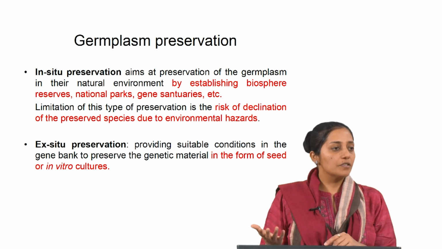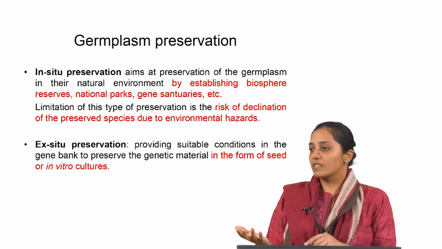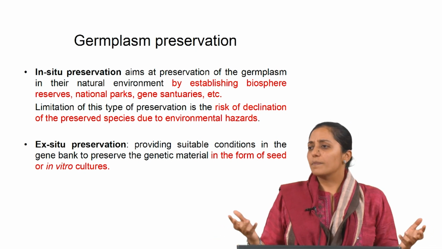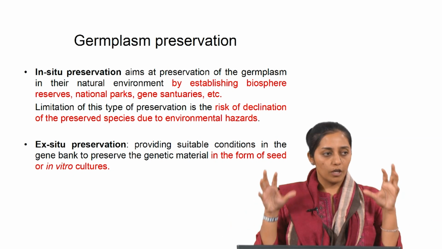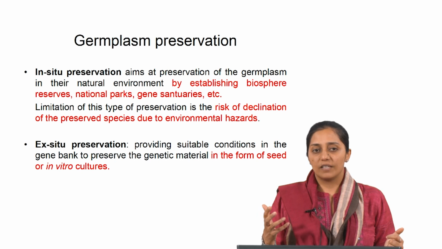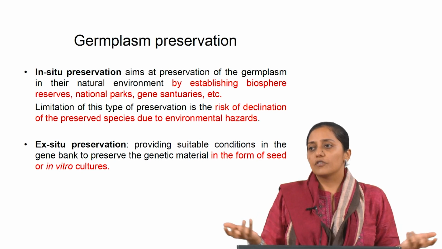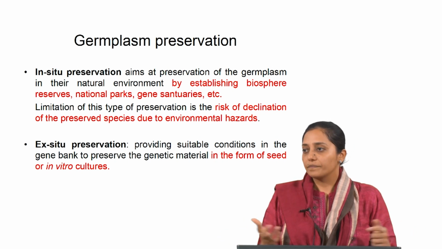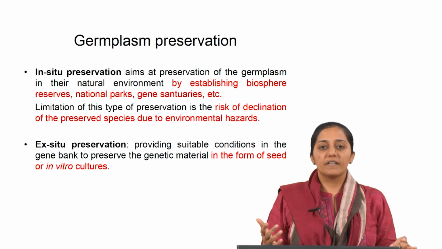Now, there are limitations to this kind of conservation process. The limitations, logically, what is it? One is space, but more than that, if you are talking about conservation, what will be the impacting factor on this strategy? Any geographical or environmental calamity, so you cannot save it. Then ex situ preservation is what?